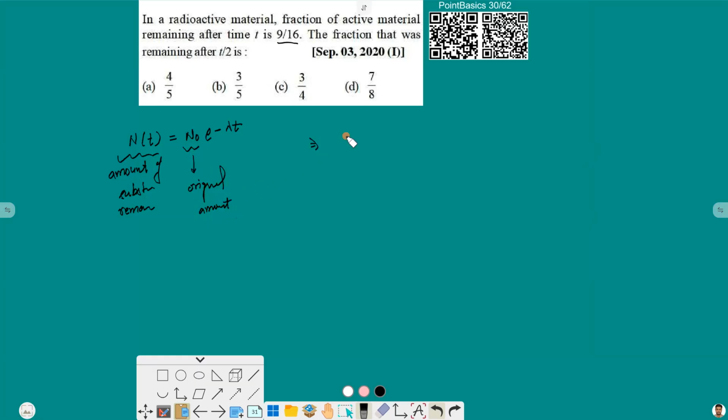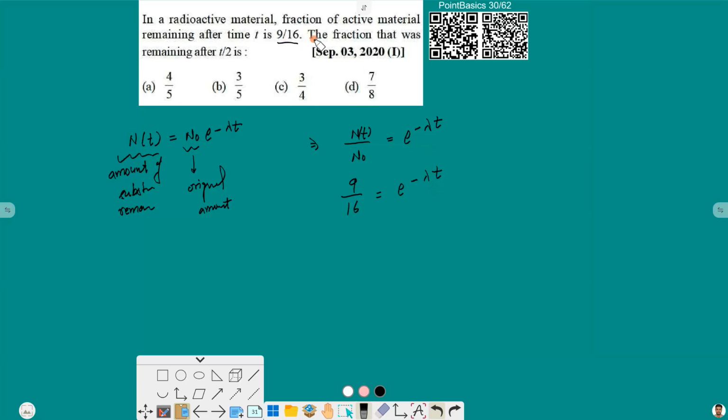So I can write that N_t by N_0, the fraction of remaining substance, is equal to e raised to power minus lambda t, and it is given to be equal to 9 by 16. So 9 by 16 is e raised to power minus lambda t.